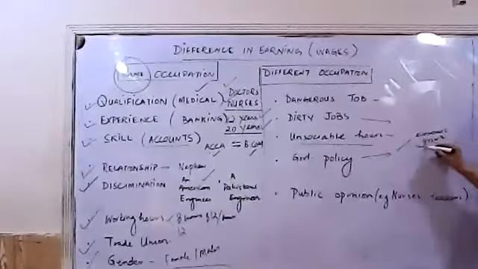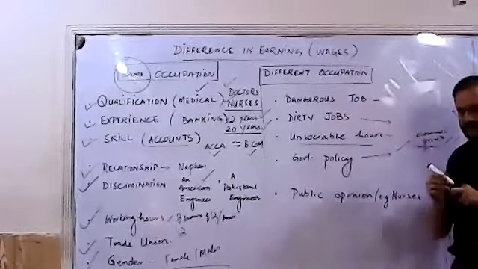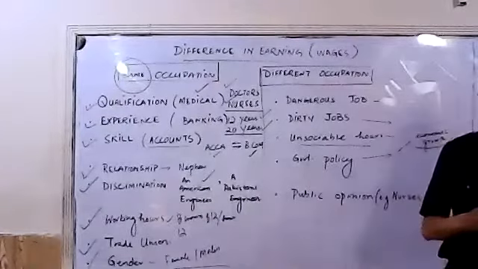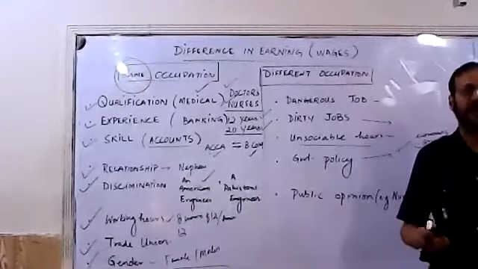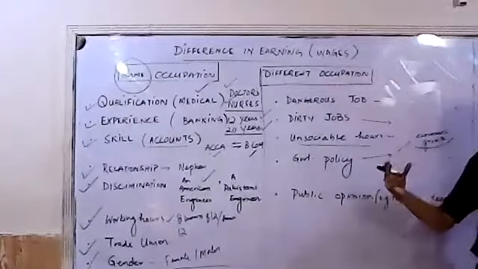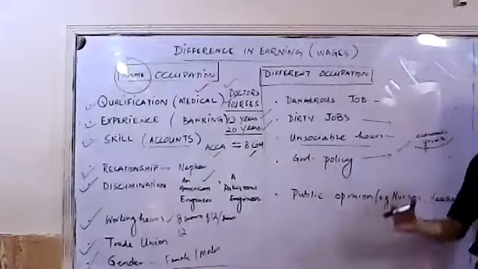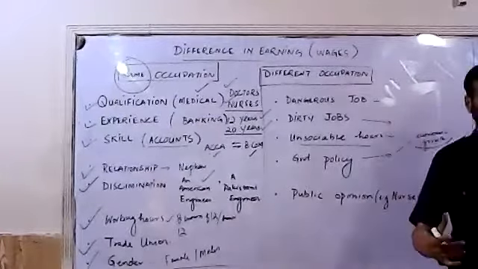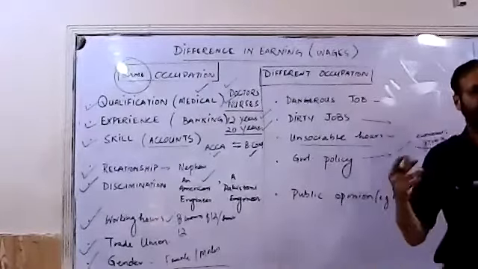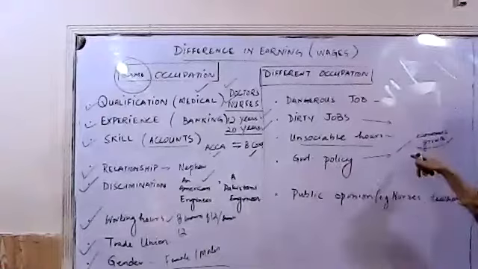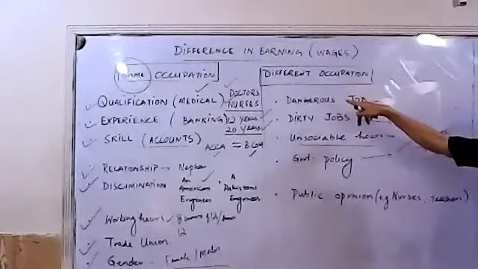To achieve that, if the government decides that certain areas should be developed economically, and to promote that area it is going to give higher wages to the people who work there, then that one policy can affect the wages in the economy or in the market.